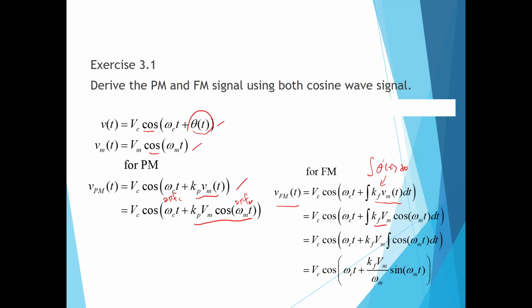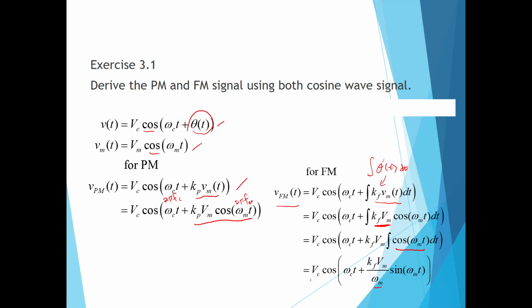We can put the constant parameters outside, and we do the integral of cosine. The integral of cosine would be positive sine, so positive sine over omega_m.